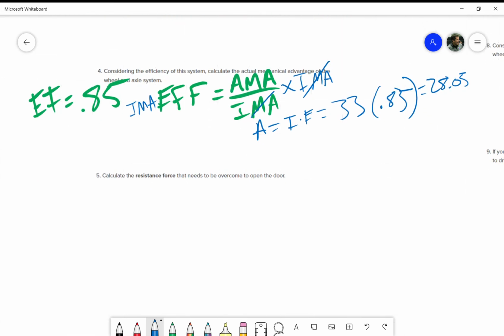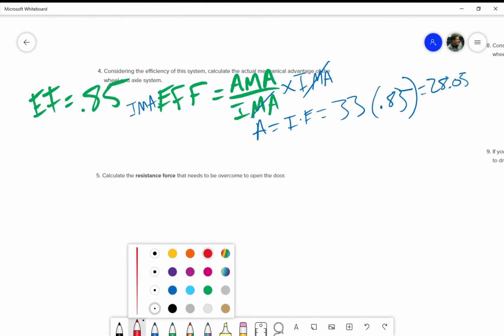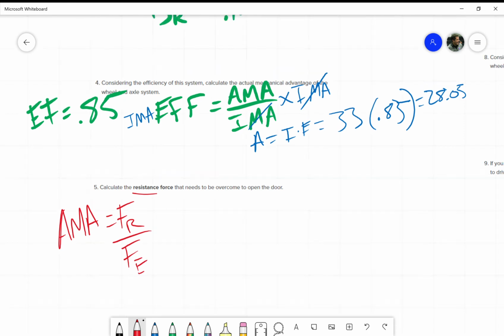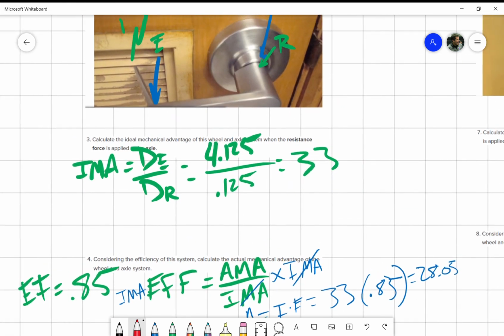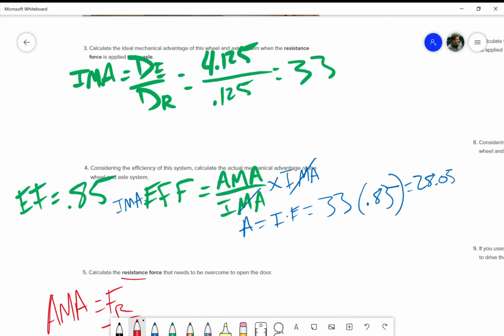All right, moving to the next part. So now for the resistance force. If I need my resistance force, that's because I know AMA is FR over FE. My effort force is given to be 2.25 pounds.